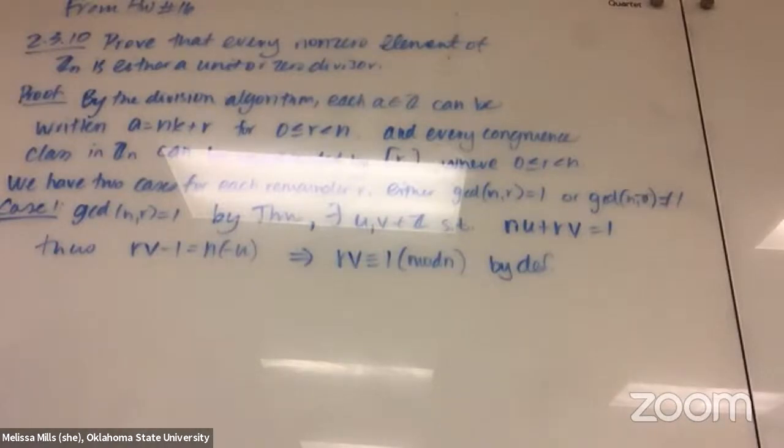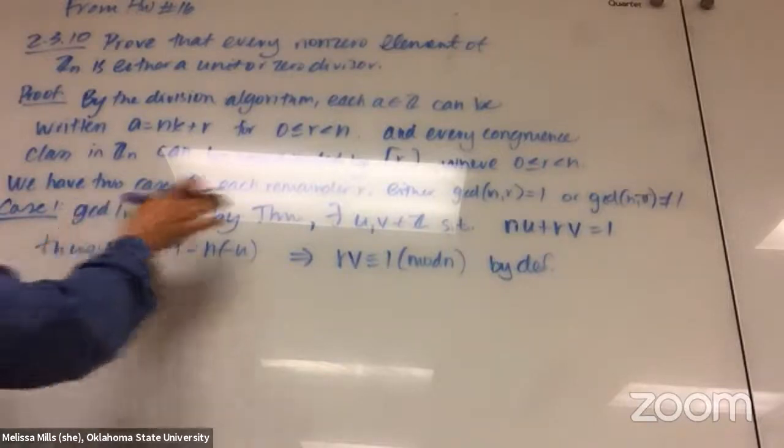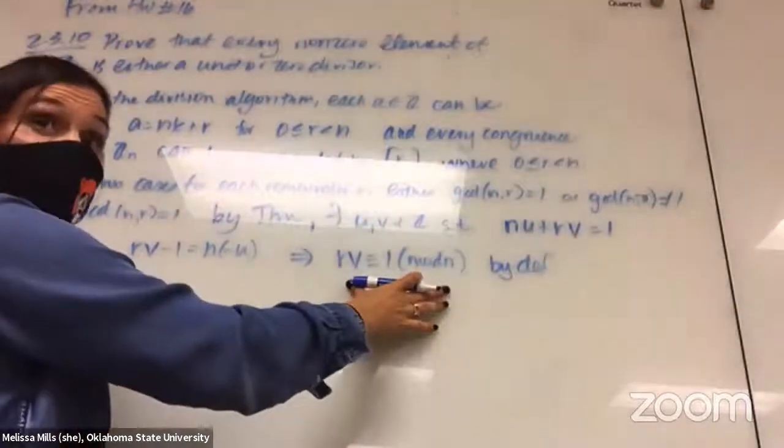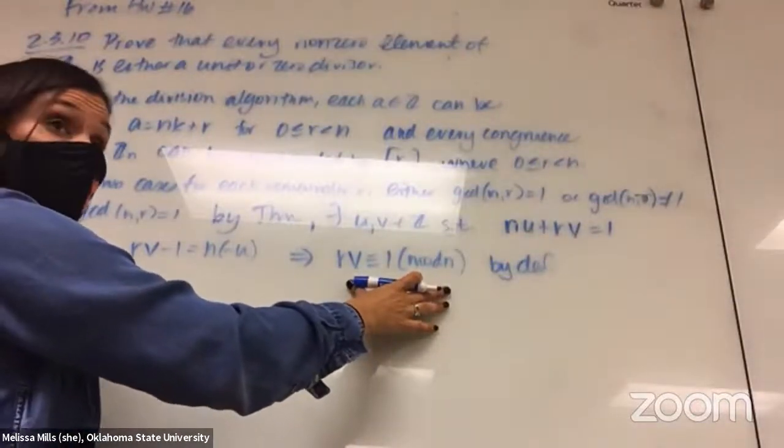Is that clear? Does that make sense? So we got that GCD bit. That gives us the linear combination. We can rearrange and use the definition of mod to get that that's congruent to 1.